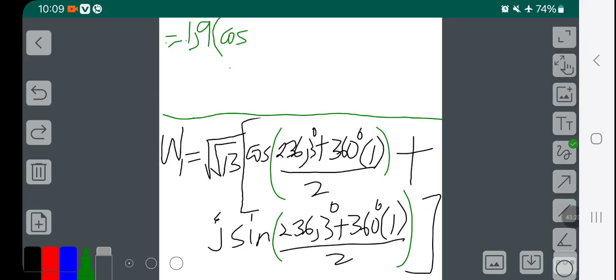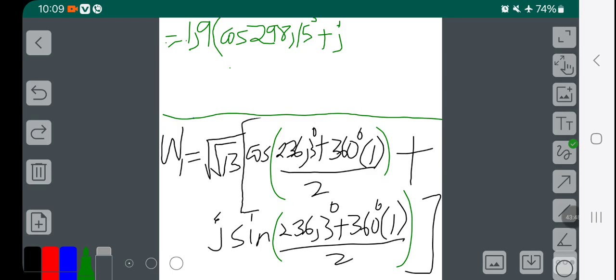What is 236,3 plus 360 divided by 2? What you get is 298,5 degrees, plus j. The answer will be the same for the sine also.